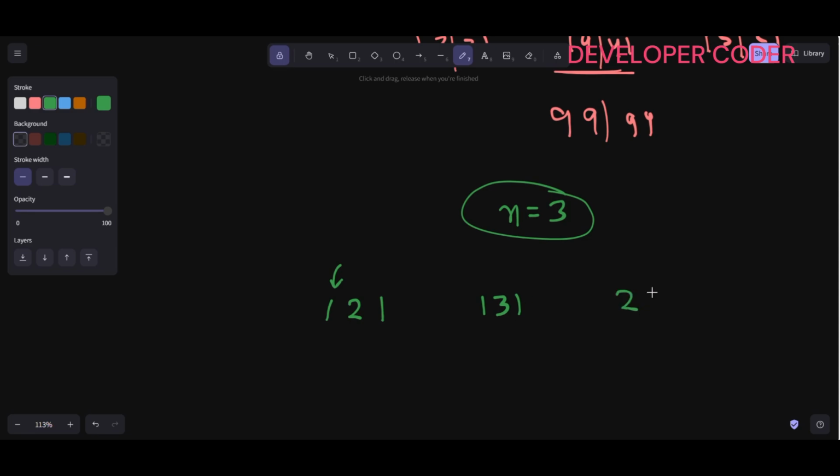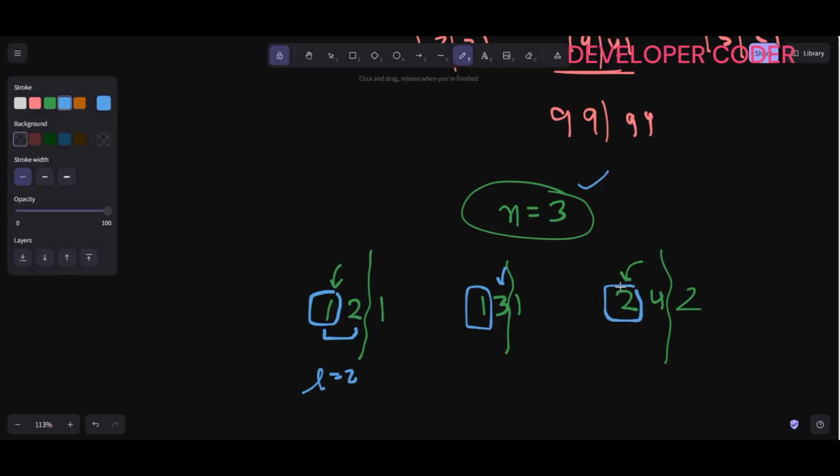Here let's suppose 2 4, and here you just need this. So you should know this much part for the left. So in case of n is equal to 3 also you should know about this left part, having size 2. And when you are going to create the mirror image, you have to just create the mirror image of the first integer. Then you are not using this one, right? You have to just create the mirror image of this one.